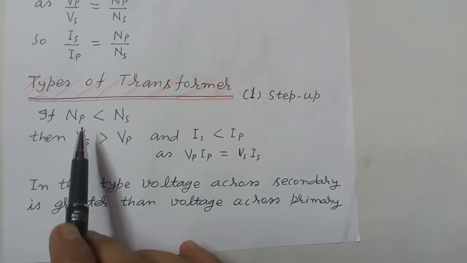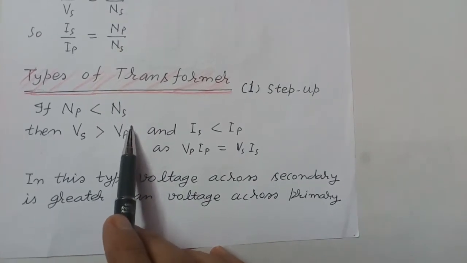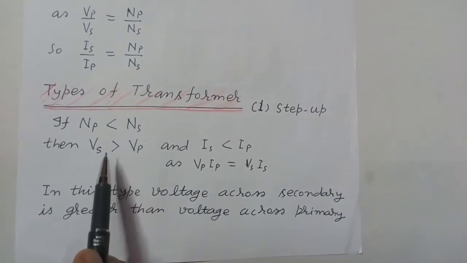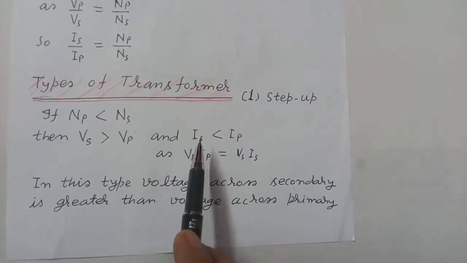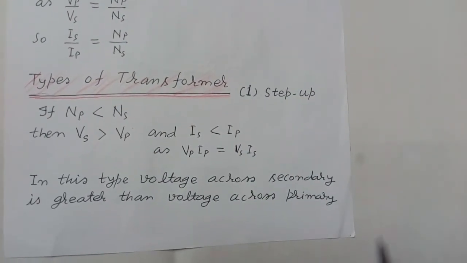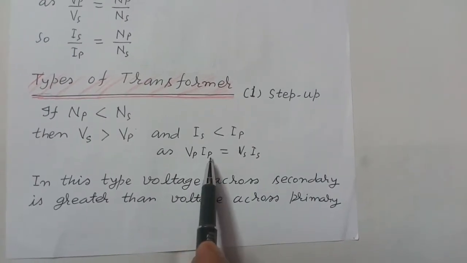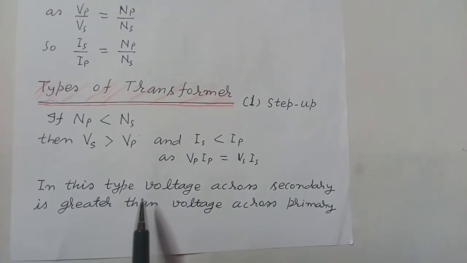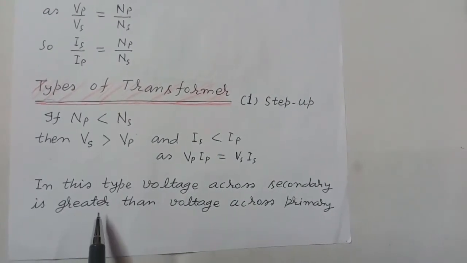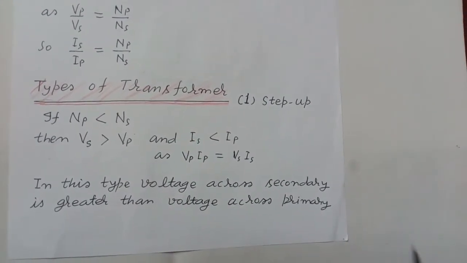If the number of turns in the primary is less than the number of turns in the secondary, then the voltage across the secondary will be greater than the voltage across the primary, and current in the secondary is less than current in the primary, as Vp into Ip is equal to Vs into Is. So in this type, voltage across the secondary is greater than voltage across the primary.